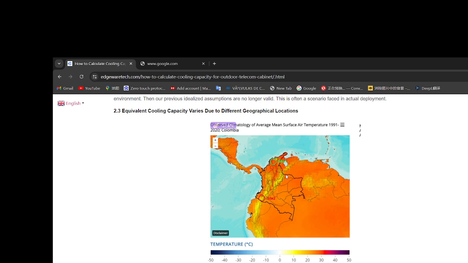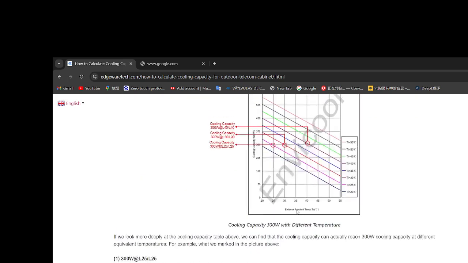Because you need to understand, for example, if there's one DWDM project or one core order project, they will design the whole backbone network, for example 20 sites, 30 sites, or something. And everything is based on one same configuration, right? I mean, the same baseline, like I have a 3,000 watts load, 4,000 watts load. I can figure out what kind of air conditioner based on the cooling capacity.